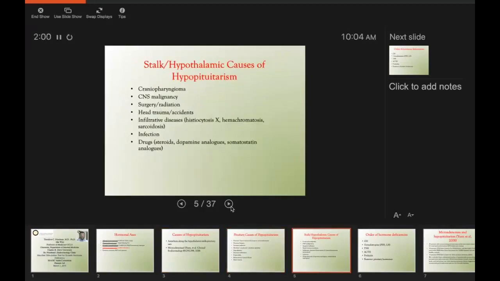The stalk and hypothalamic causes include craniopharyngiomas, CNS malignancy, surgery and radiation, head trauma, accidents, infiltrating diseases like histiocytosis X, hemochromatosis and sarcoid, infections, and drugs. Drugs are very common: steroids, dopamine analogs, somatostatin analogs. Opiates also are very important.